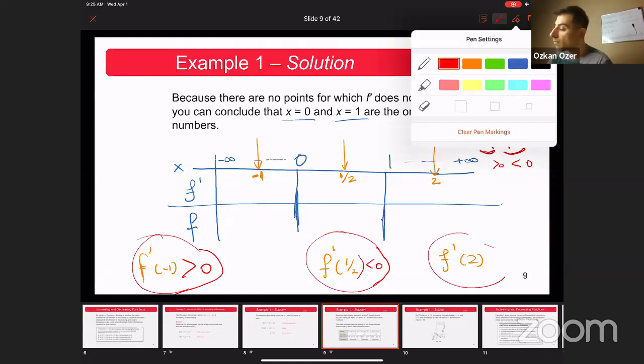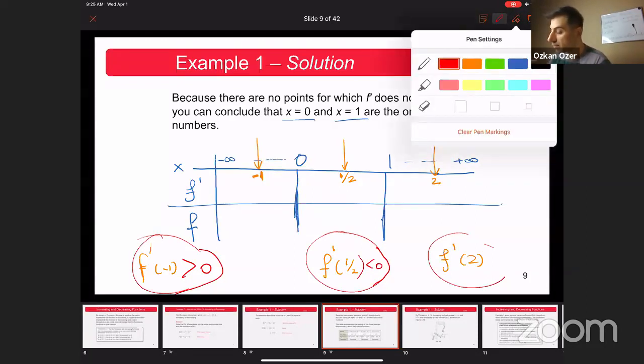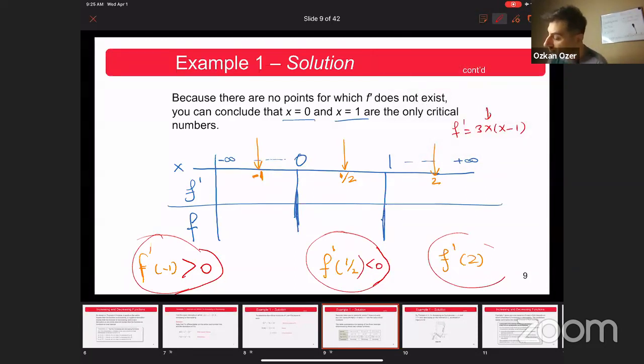Okay. So again, we're just checking the sign of f prime for those sample points. Okay. And finally, we're going to put 2 for x. Well, 2 minus 1 is positive. 3 times 2 is positive. Positive times positive is going to be positive. Okay.